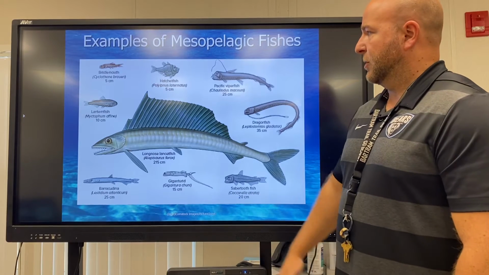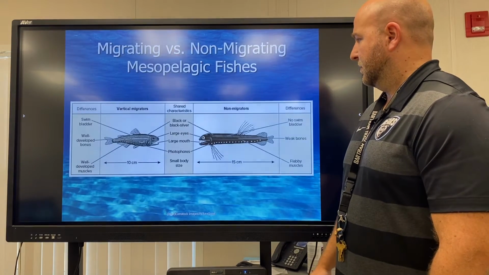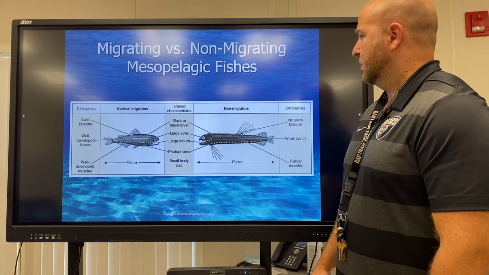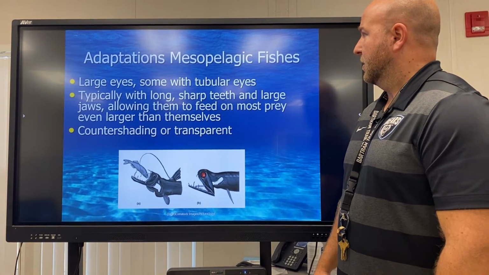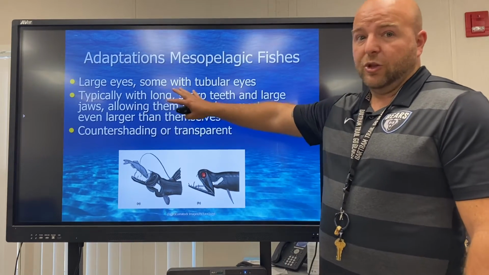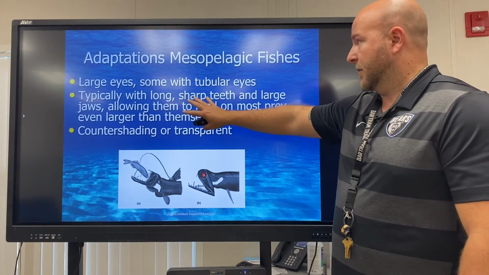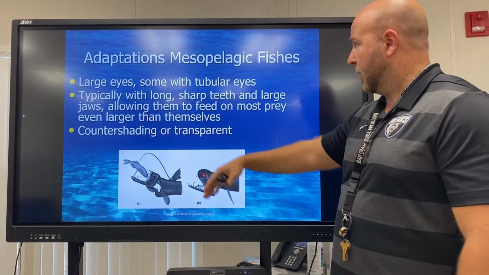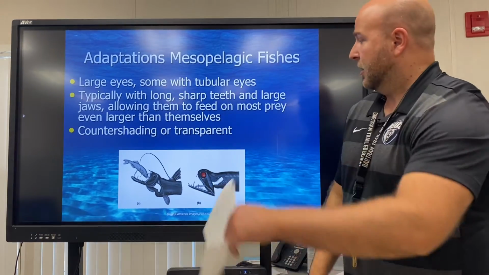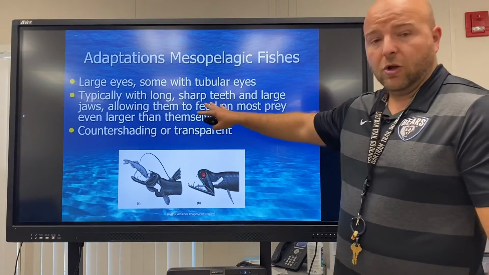We just wanted you to see what some of them look like. One of the adaptations here, there is a little bit of light, and so in order to be able to see, large eyes are required, sometimes tubular, but large eyes are pretty common, as well as very long, sharp teeth.